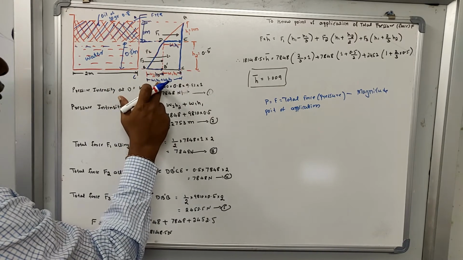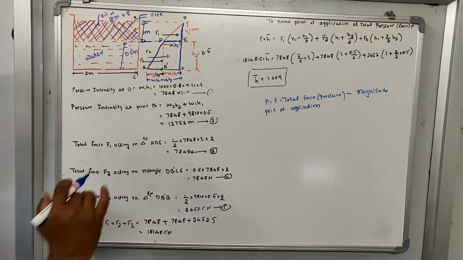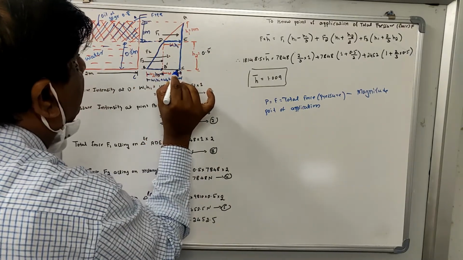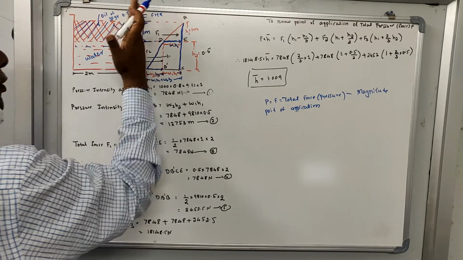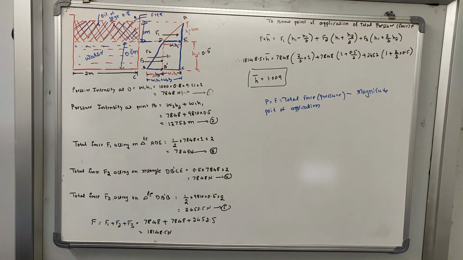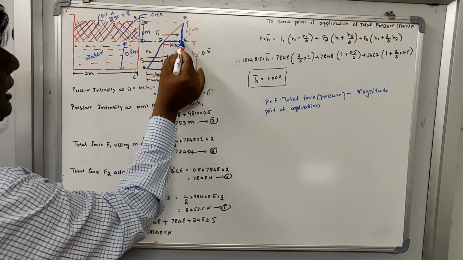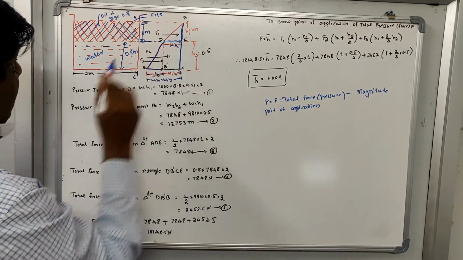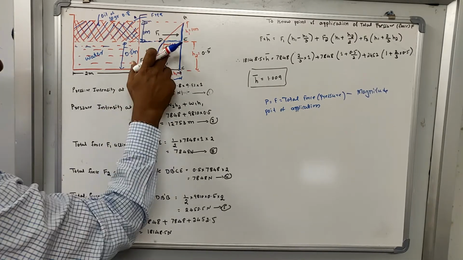is W1H1 plus W2H2. Okay, so let us calculate the pressure intensities at the level DE and at the level BC exerted by these two fluids on this side wall AC. Now the pressure intensity at point D, the magnitude of pressure intensity at D, is equal to what?